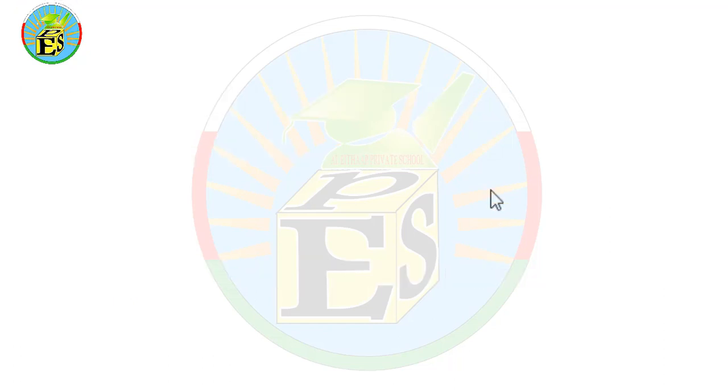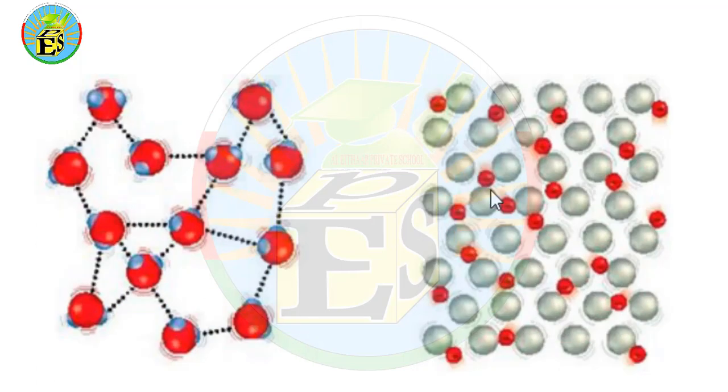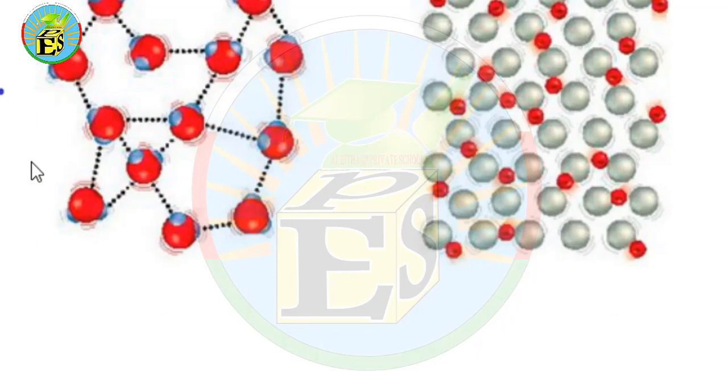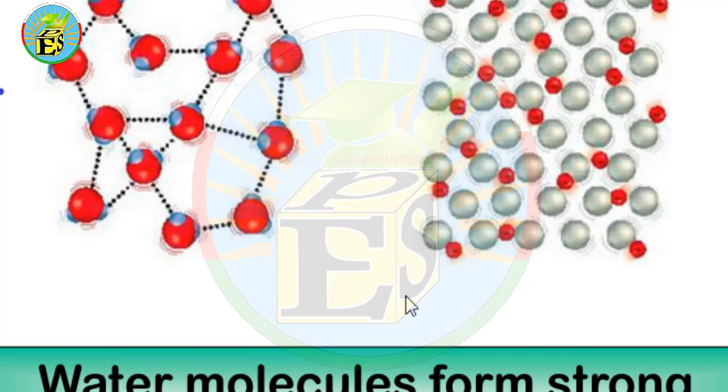Why does water have such a high heat capacity? Because of its composition. This is the composition of water and this is the composition of metal. Water molecules form strong intermolecular bonds with each other, while metals have weak intermolecular bonds.